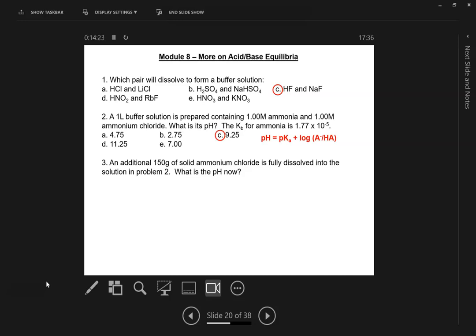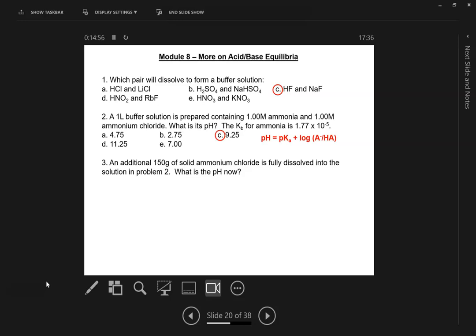And now I say plus the logarithm of A minus over HA. Well, now A minus, the anion, is going to be 2.83 moles, because 150 over 53 is 2.83, plus the 1 mole that I already had to start the problem, and that becomes 3.83. So that's our numerator. HA continues as it was before, 1.